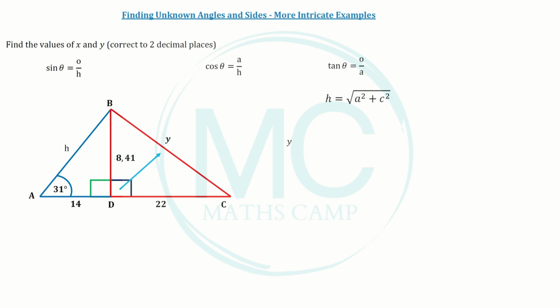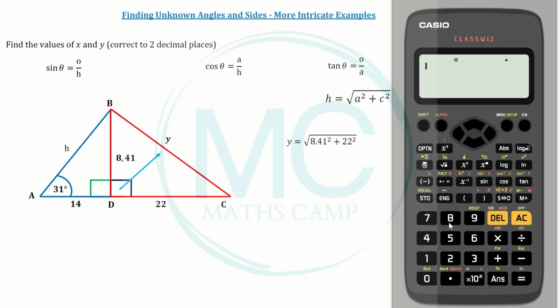So we can say y is equal to one known side, let's say 8.41 squared, plus the other known side, 22 squared, all under a square root. Now we can take our calculator and we can say 8.41 squared plus 22 squared is equal to 554.